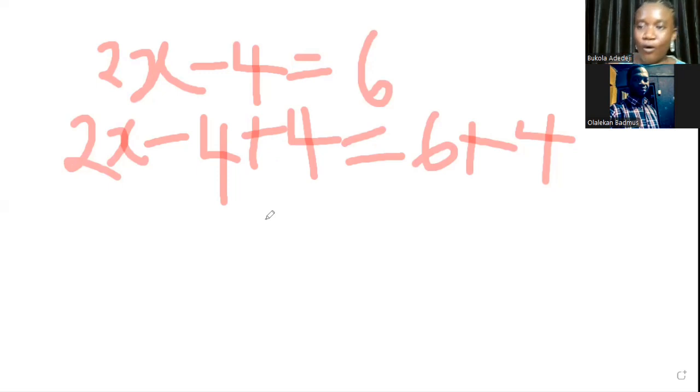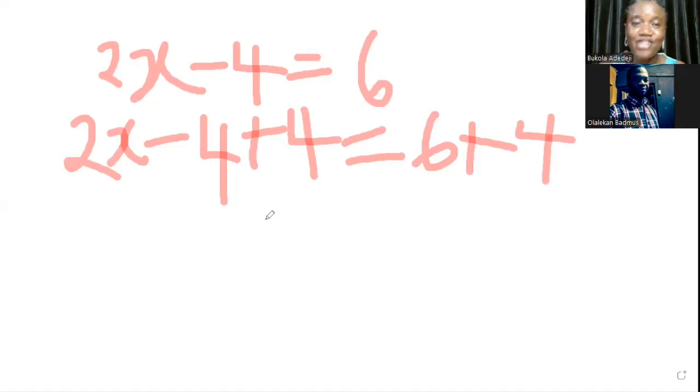Minus 4 plus 4. The other one we had plus 5 plus minus 5. You are owing someone $4, 4 pounds, 4 naira, and then you have $4, 4 pounds, 4 naira. By the time you give out the 4 you are owing, you are no longer owing. Going forward, I will not be saying you are owing.